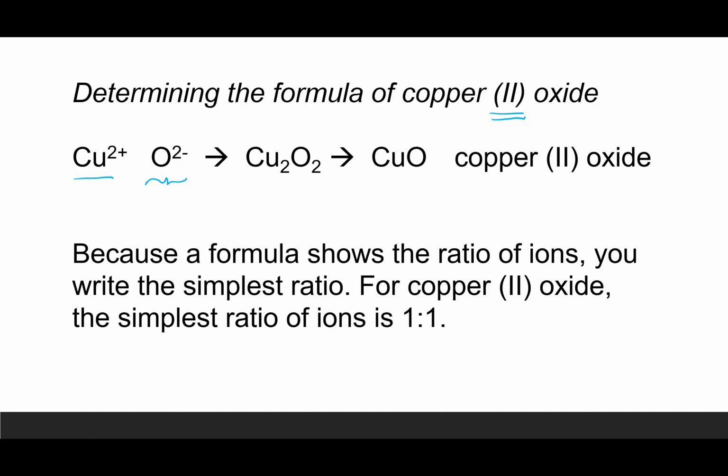It has a 2- charge. When I cross over, I get a 2-to-2 ratio of each of the ions. Essentially, I need one of each of them in order to get a net zero charge. So when I simplify the ratio, I'm left with CuO as the formula for copper(II) oxide.